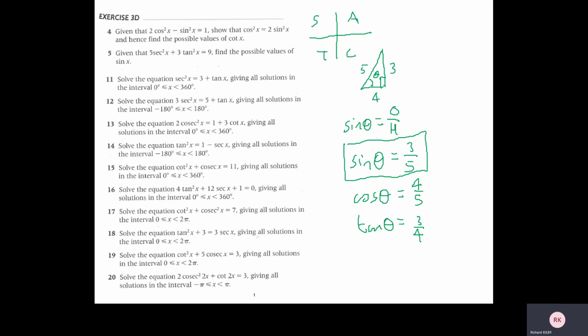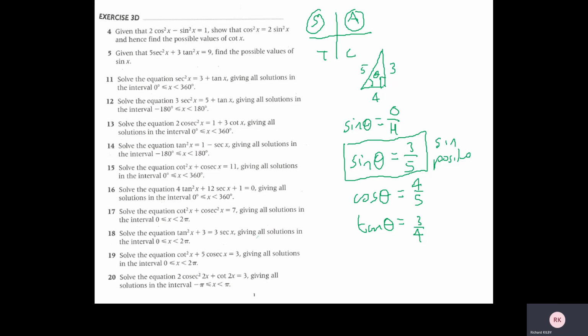What we do know though is that sine is positive, so we know we're dealing with this quadrant and this quadrant, which means our theta is either acute or obtuse.